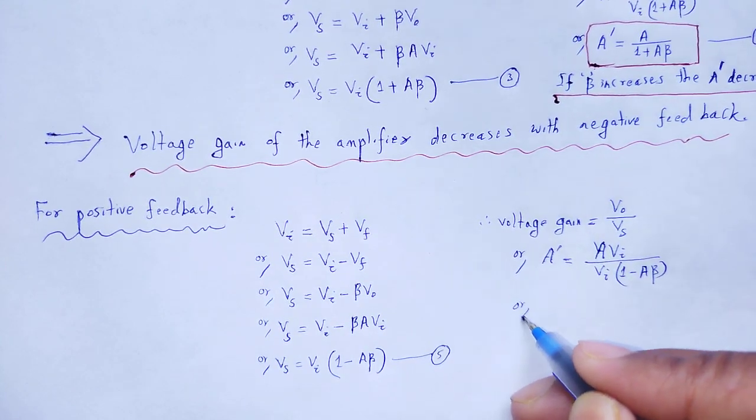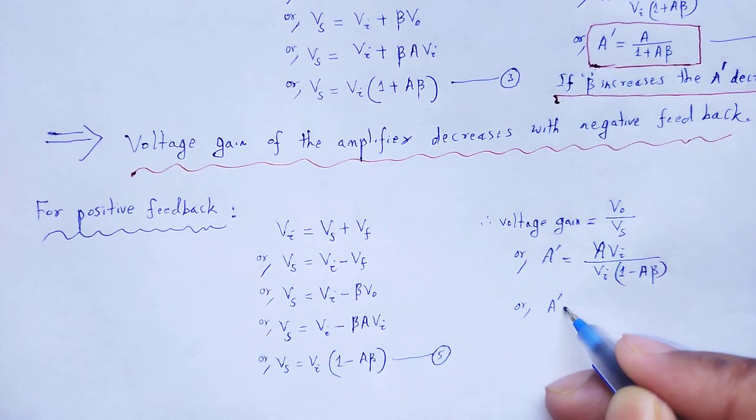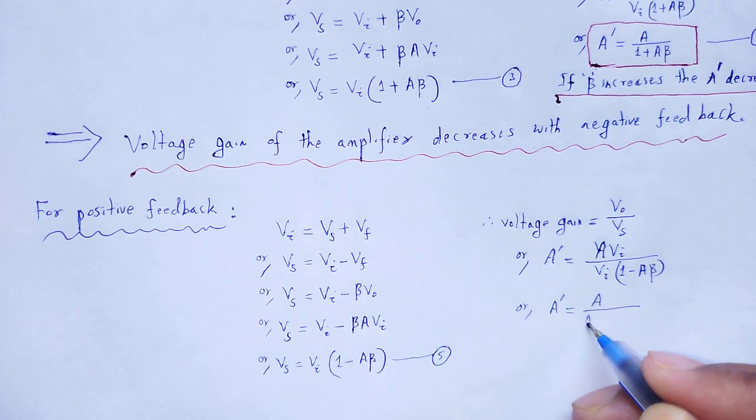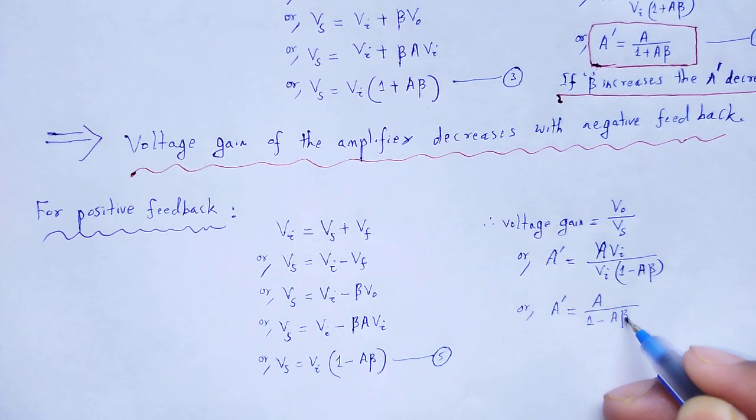Vi cancels out, therefore A dash is equal to A divided by 1 minus A beta.